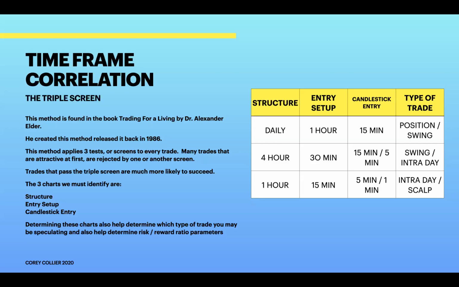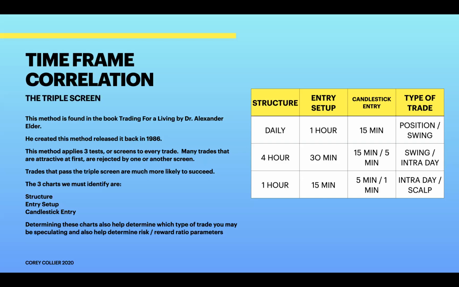Down below daily, it says structure. If you find your structure on the 4 hour, guys, your entry setup area should come from the 30-minute. After price is in that area from the 30-minute chart, we're looking for a specific candlestick pattern on the 15-minute or the 5-minute chart. If we take this trade, it's going to be a swing trade or an intraday trade, held for a minimum of 8 hours, right?